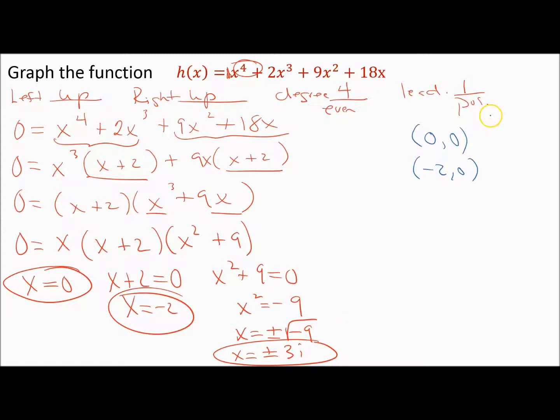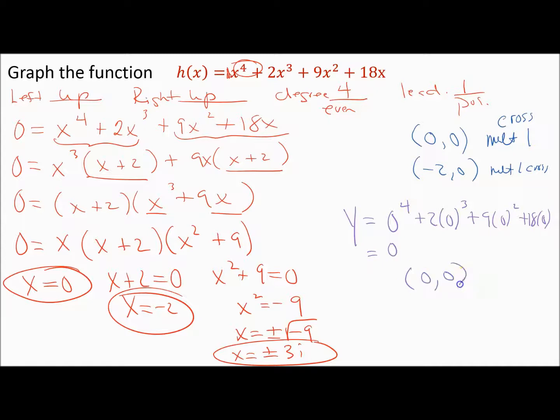Now, at (0, 0), the multiplicity only showed up once, it is 1, so that means the graph crosses. Okay, and at negative 2, the multiplicity is 1 also, so the graph crosses there also. Next, I want to find the y-intercept. So that's y equals 0 to the 4th plus 2 times 0 to the 3rd plus 9 times 0 squared plus 18 times 0, which just gives me a big old 0.